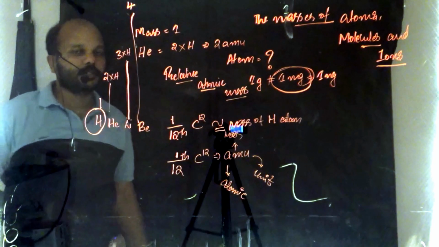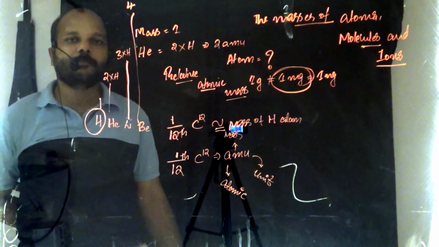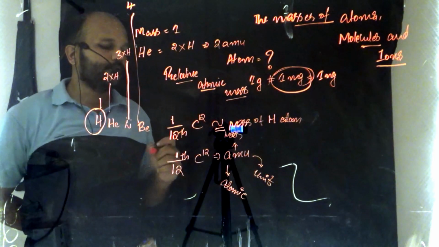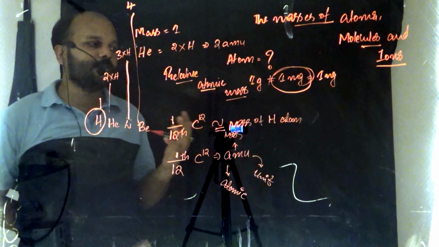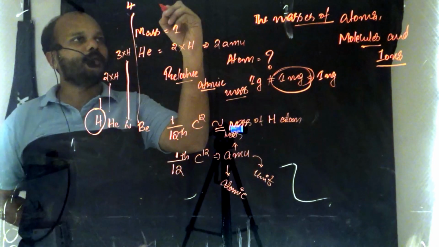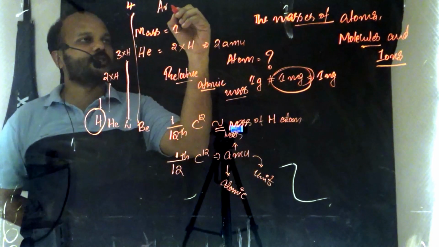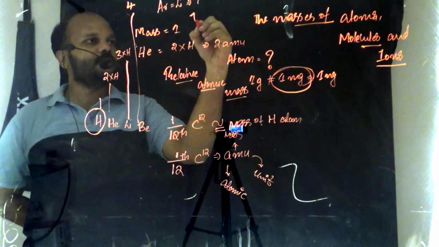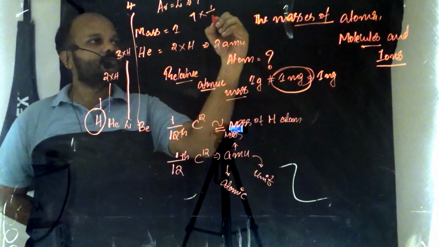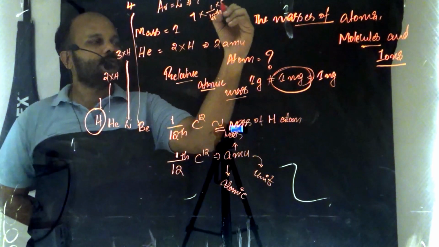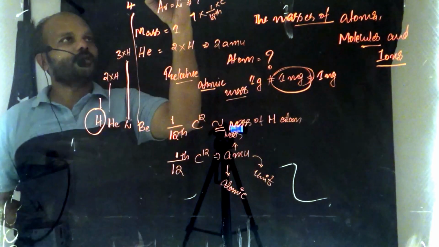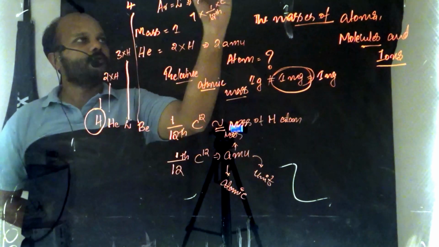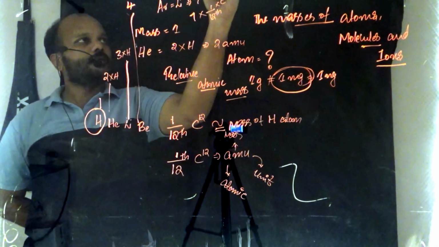Now the atomic mass of lithium is going to be 7, so this is 7 times 1/12 of the mass of carbon 12. The atomic mass of helium is 4 times 1/12 of the mass of carbon 12.